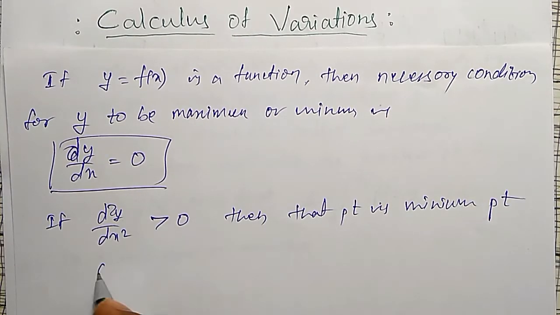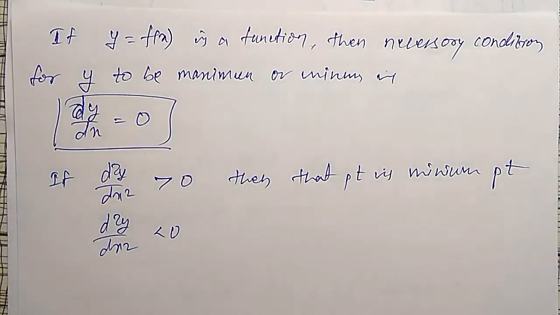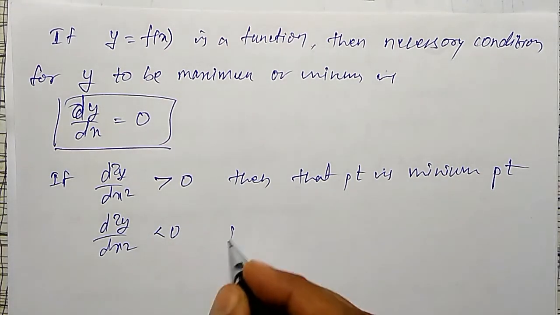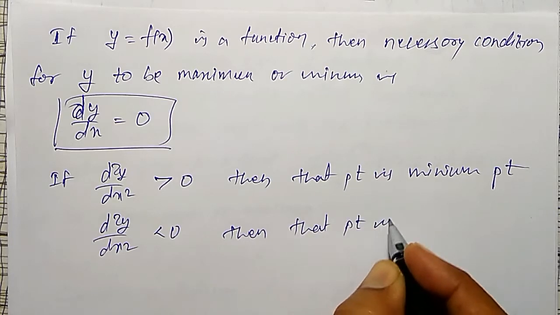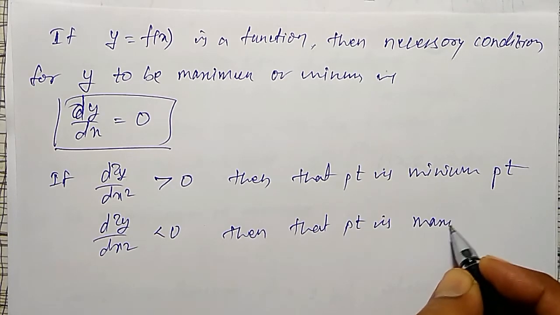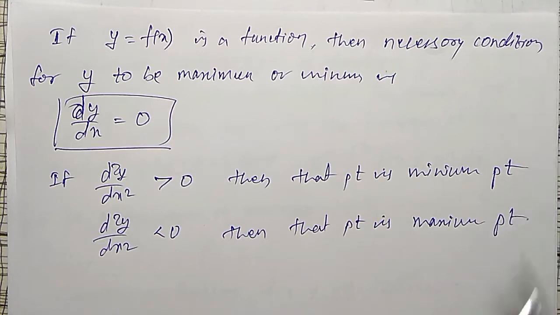Like that, d square y by dx square, if it is less than 0, then that point is a maximum point. These conditions were discussed earlier.